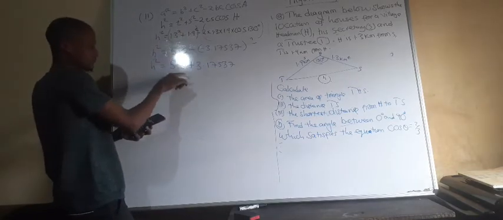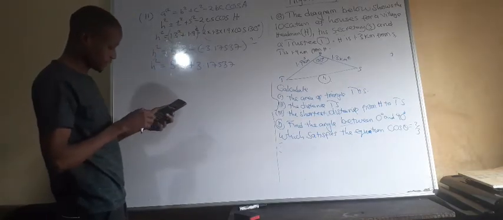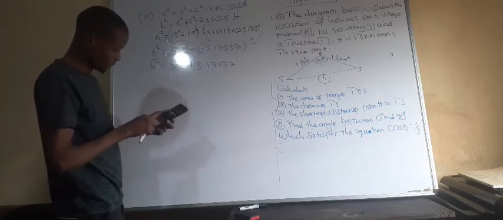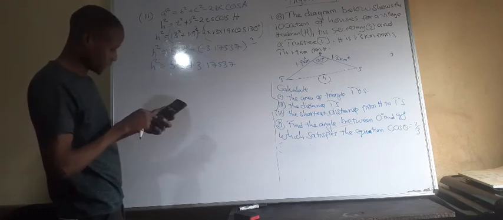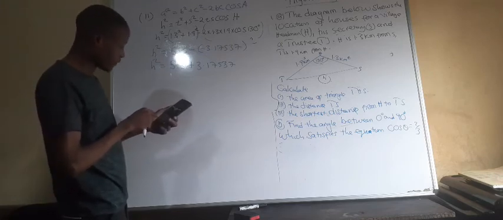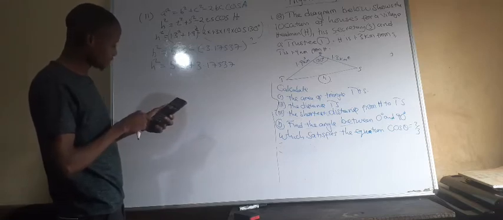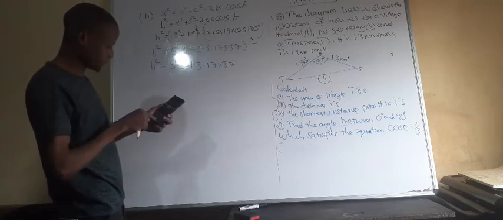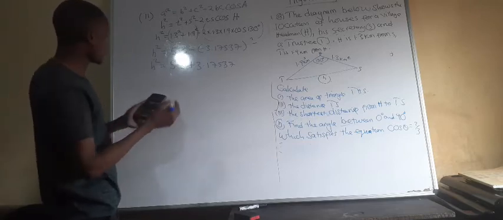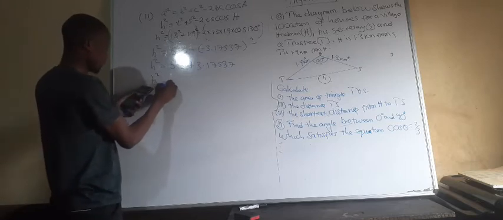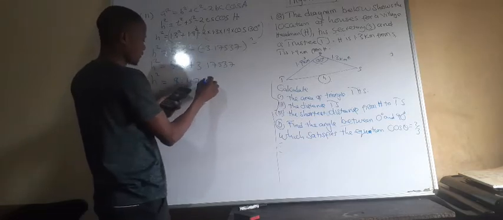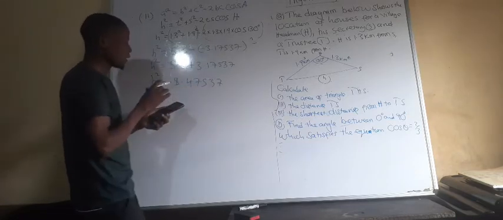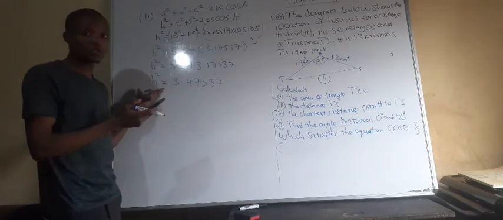You add these, so the answer you already found, 5.3 plus 3.17537 is giving us 8.47537. H squared is equal to 8.47537.